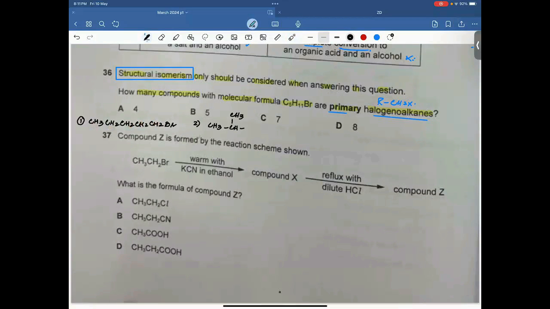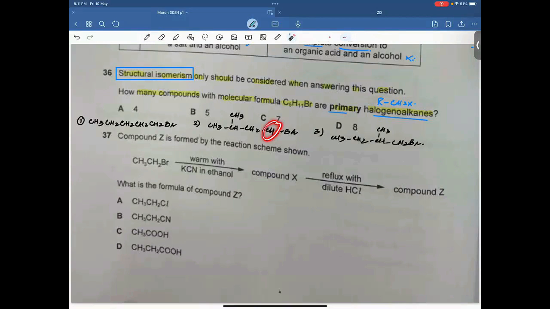CH3, CH, 1, 2, 3, 4. This one is 5. The third one is, what if we shift this methyl branch onto that carbon atom? CH3, CH2, CH, CH3, and CH2Br.